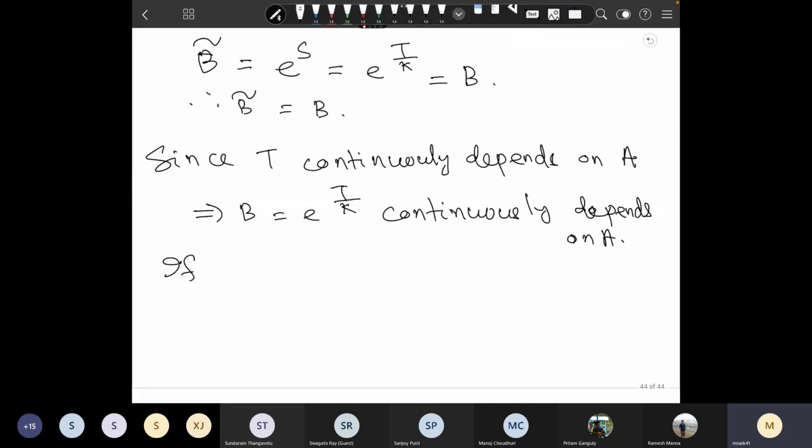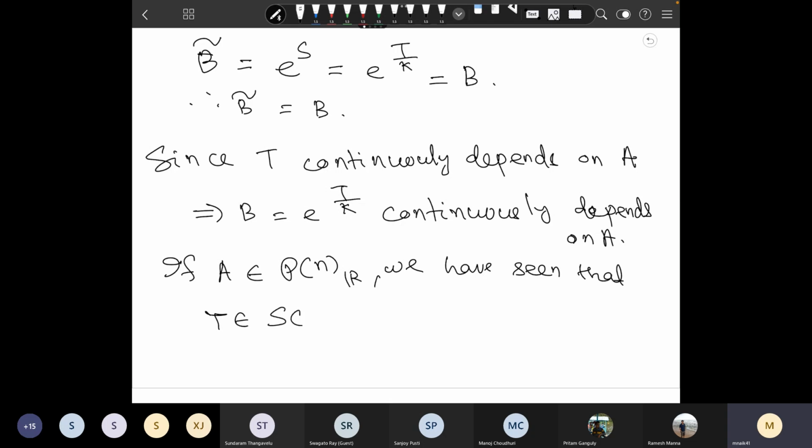Now, if A belongs to Pn(R), we have seen that this T belongs to Sn, symmetric matrix. This is a real matrix. This implies B is also e to the power T by K. It is easy to see that this belongs to Pn(R).